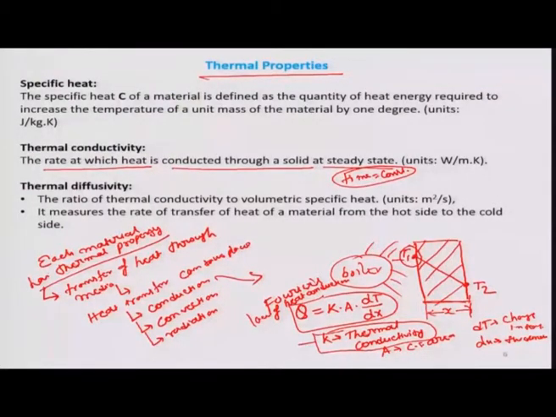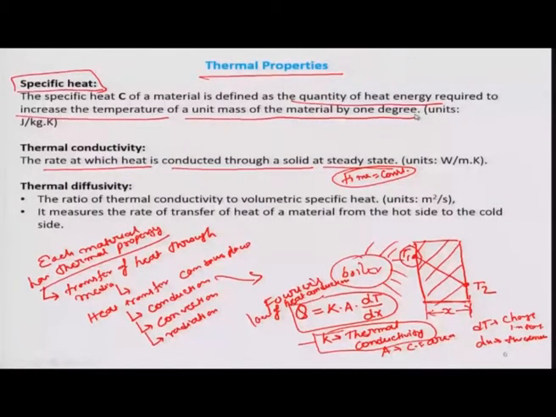Another thermal property of any material is the specific heat, and specific heat of a material is defined as the quantity of heat energy required to increase the temperature of a unit mass of the material by 1 degree.